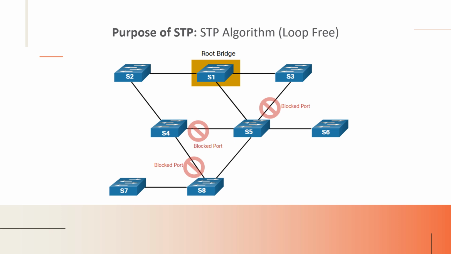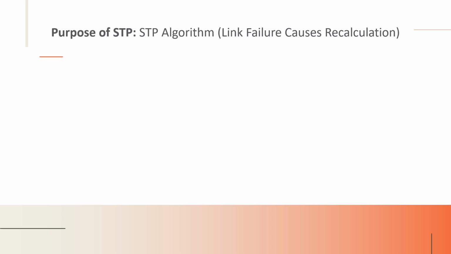The physical path still exists to provide redundancy, but these paths are disabled to prevent the loop from occurring.